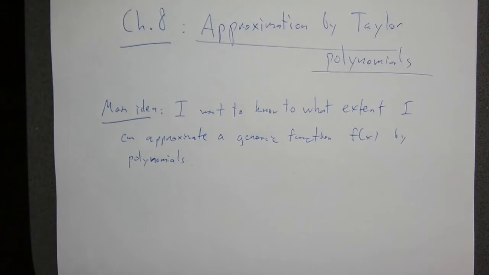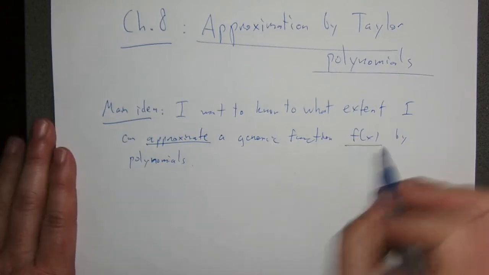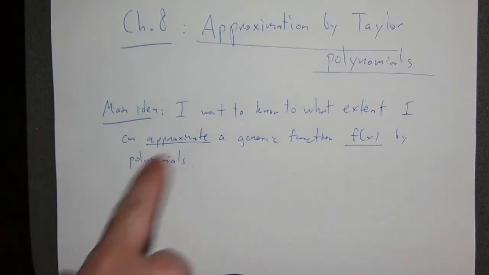Where this word approximate has a specific meaning, of course: what it means to approximate a function with another function is going to have a specific meaning. The idea is once we've defined that, I want to know to what extent I can take a generic function and approximate it in some sense by polynomials. That's really what I want to know.